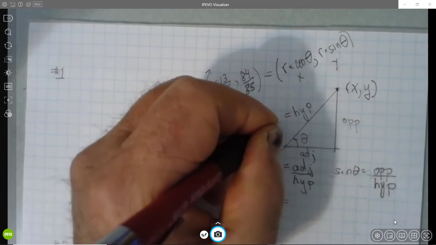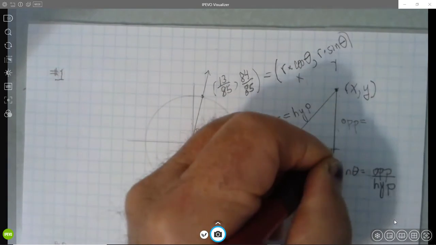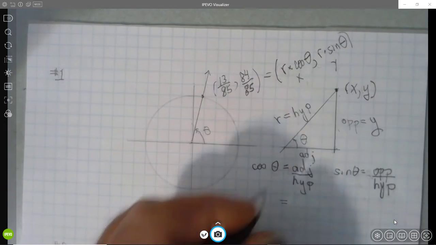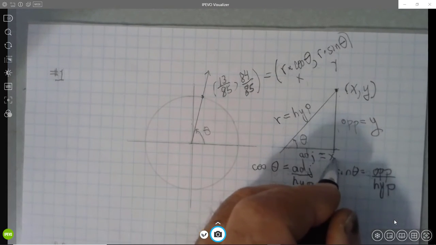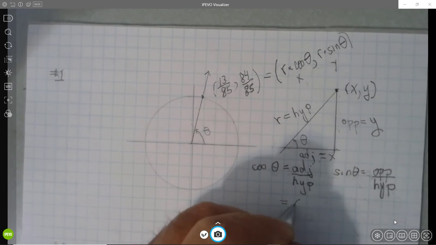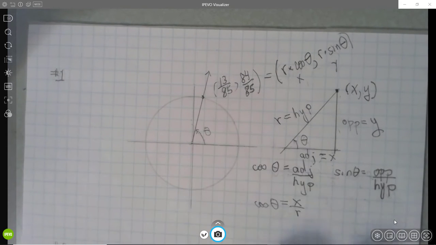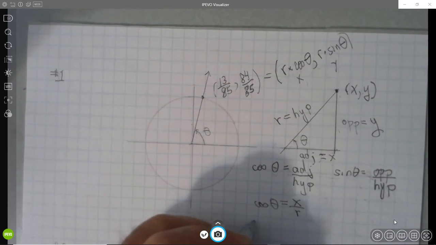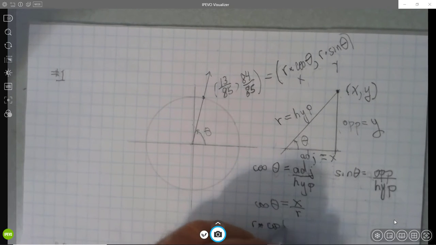In general, this has radius r, this opposite side, that length is the height, and this adjacent side, that length is the x-coordinate. So the adjacent is x over r. That's the cosine of theta. We multiply through by r, so r times the cosine of theta is equal to x.